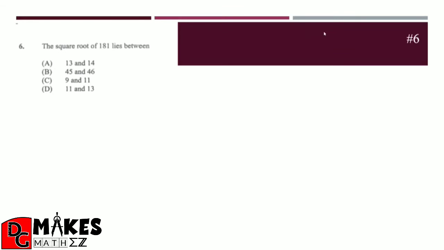This one says the square root of 181 lies between what two numbers? So, of course, we know to find the square of a number, you would just multiply it by itself. So, for example, 9 times 9 is 81. The square root of 81 would be 9, etc.